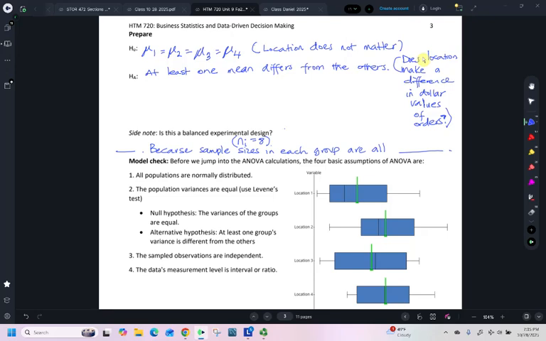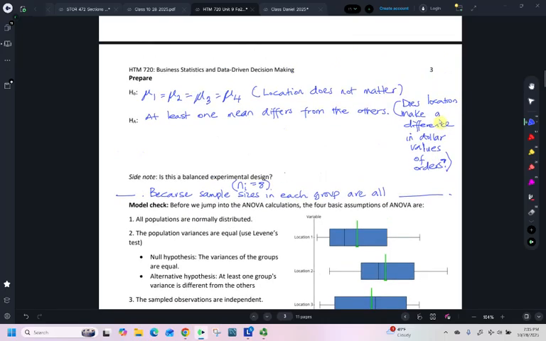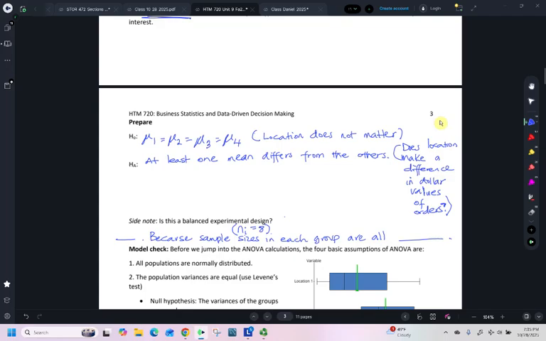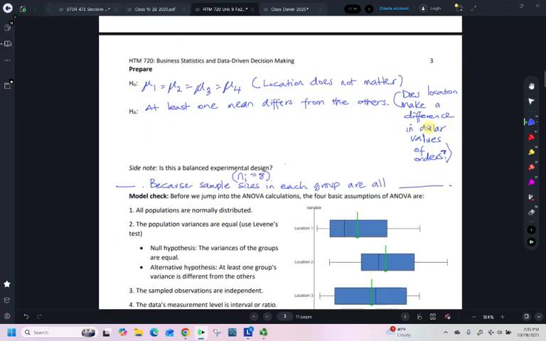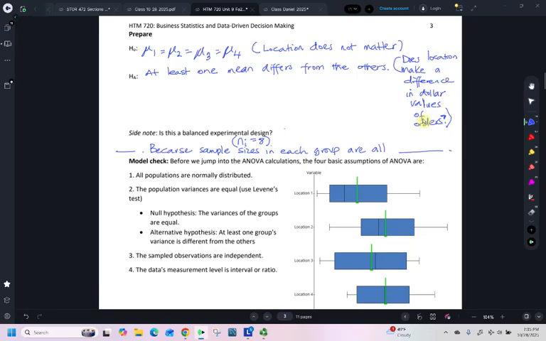That could possibly be that location is a critical factor that determines that difference in dollar values of orders. As long as this is an experiment where the principles of experimental designs are well followed, we can imply cause and effect conclusions.